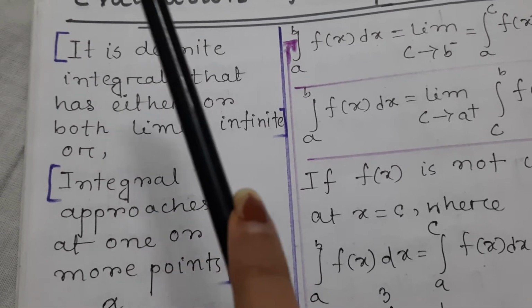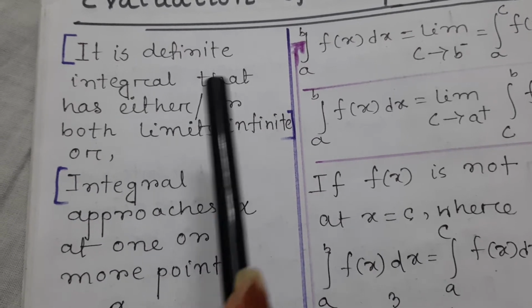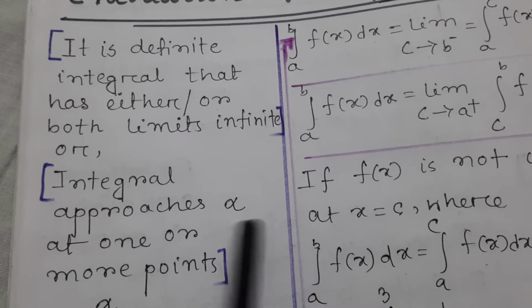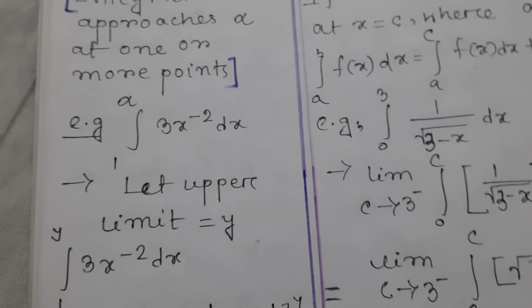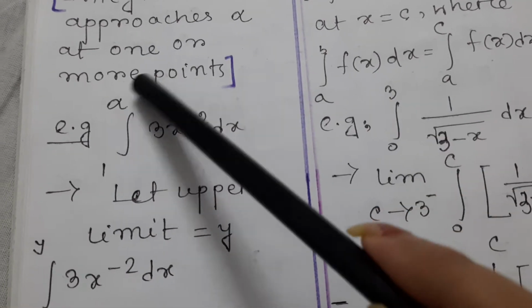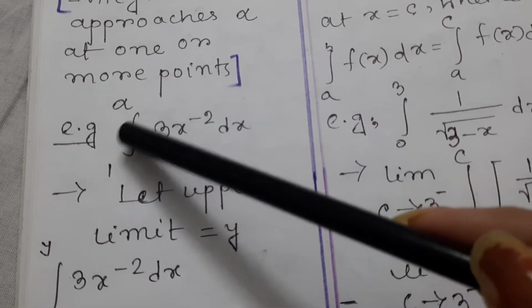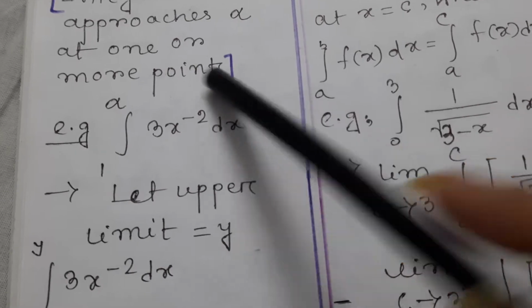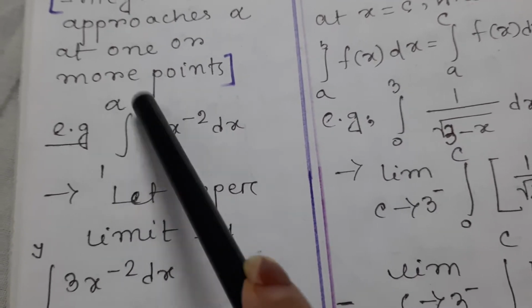That means both limits can be infinity, or any one of them can be infinity. Okay, so first example here, this one only has infinity.